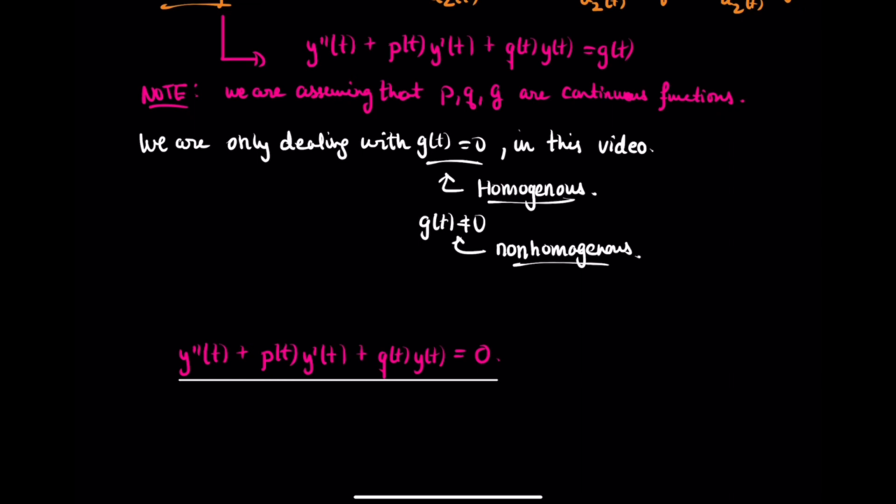So I'm going to rewrite this equation as A y double prime(t) plus B y prime(t) plus C y(t) equals 0. So this is the constant coefficient case.